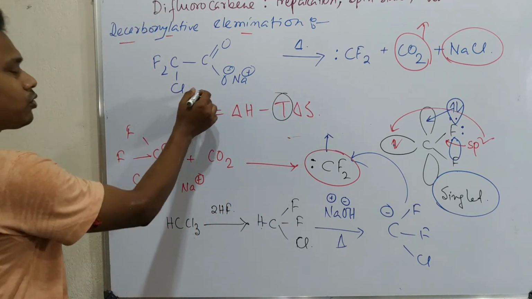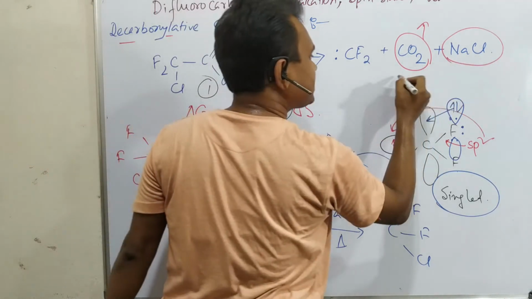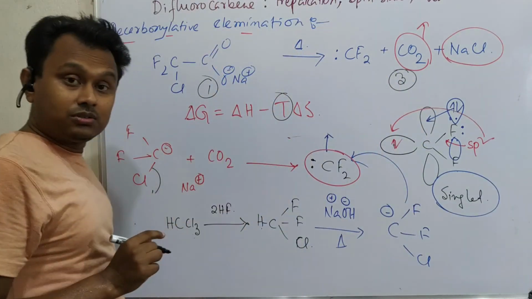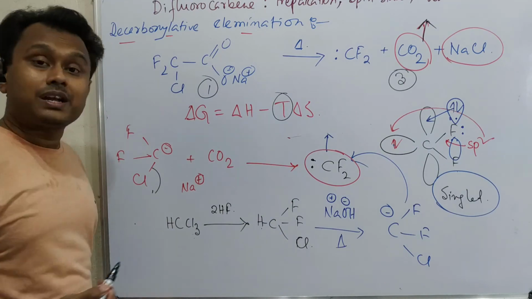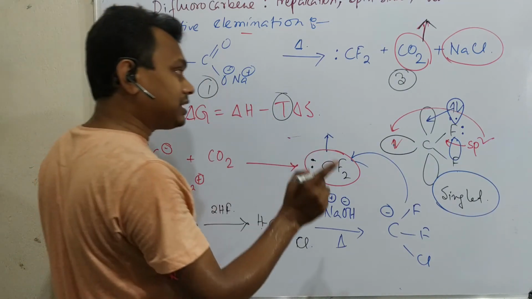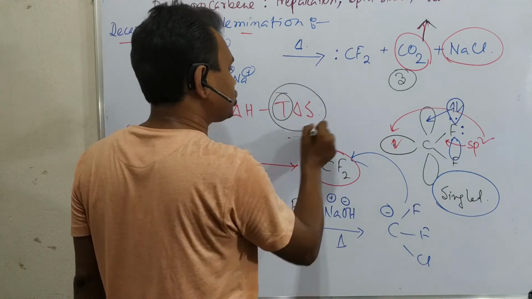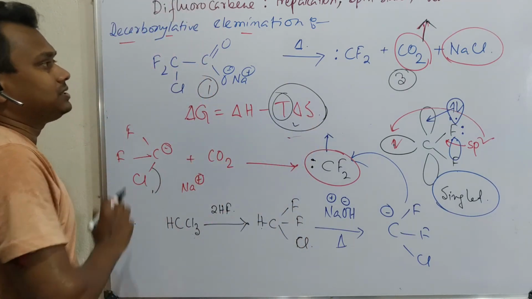And in the forward reaction, from one molecule, 3 molecules are produced, and among these one is a gas which goes out from the reaction medium. So the reaction is both enthalpically and entropically favorable, and that's why this reaction occurs.